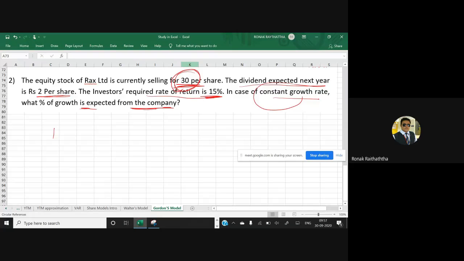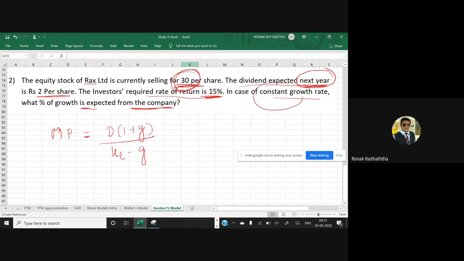So here we have the market price as per Gordon's model equal to D1 plus G divided by K minus G. Now please try to understand. The dividend expected next year is given to you. That means current year's growth is already included.